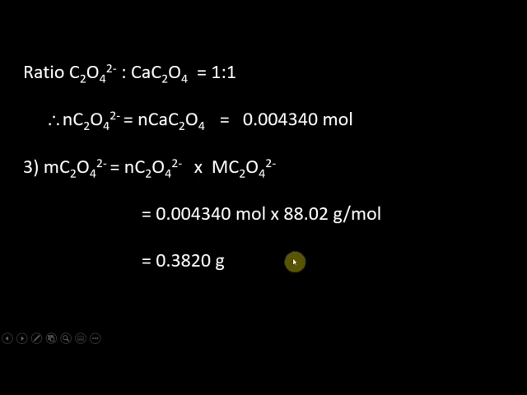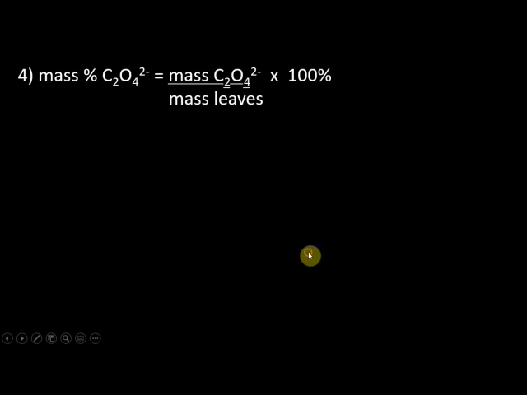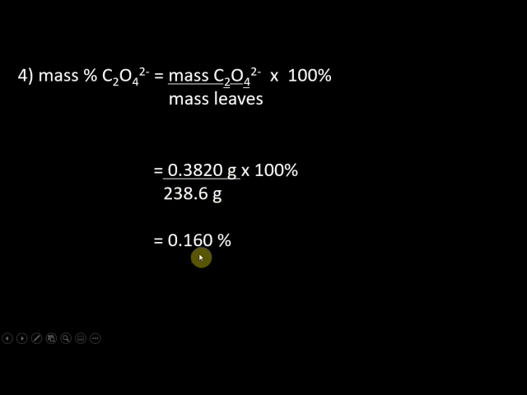We can use this now to figure out the mass percent. We divide by the mass of the leaves, and we get 0.16%, or 160 parts per million. Okay, does that make sense?